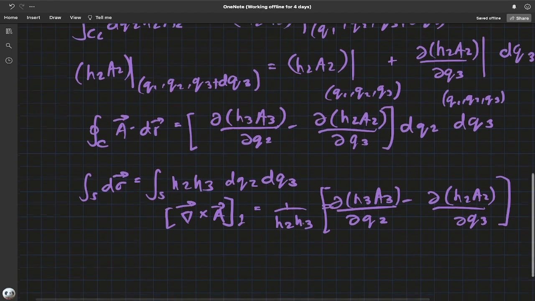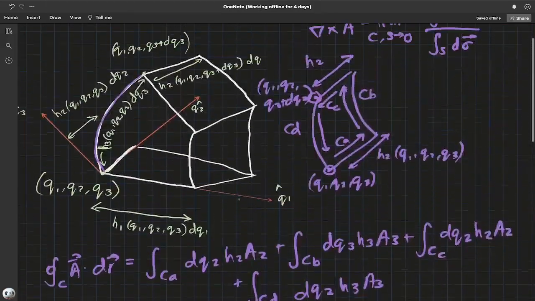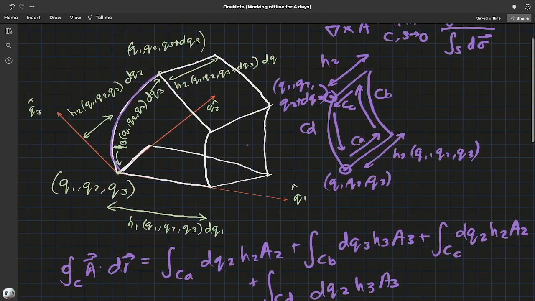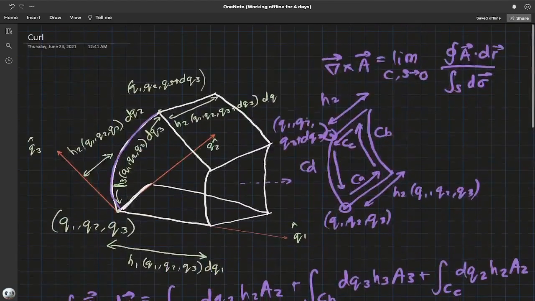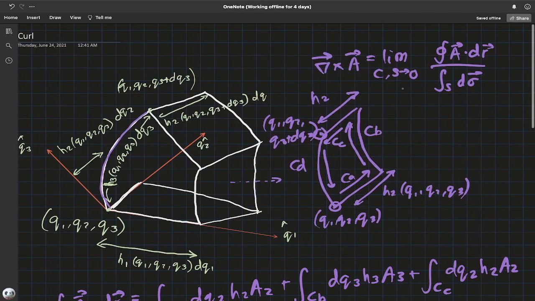So that's the first component of the curl, because notice the area vector is in the q1 hat direction, so it makes sense for a curl to have the 1, because again, using this formula, the closed loop integral of A is just the curl of A, surface area of the curl of A over the surface enclosed.